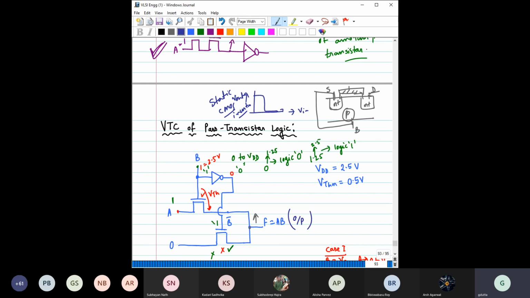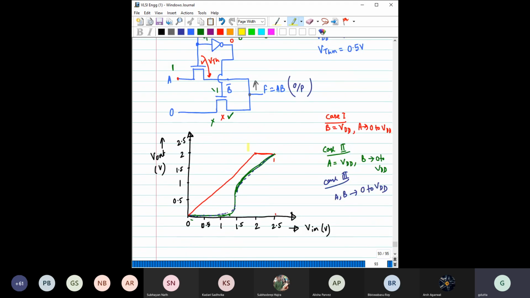If noise has been introduced, then the voltage transfer characteristic should have some characteristics so that it can eliminate that noise, right? For that the VTC should be like this, flat here, flat here, and in between it should have a high negative slope. That is the characteristic of a regenerative circuit.